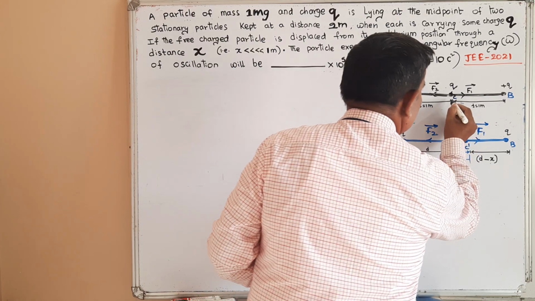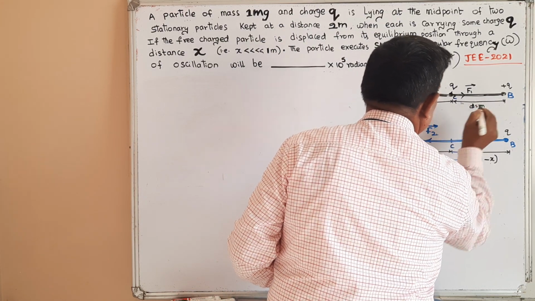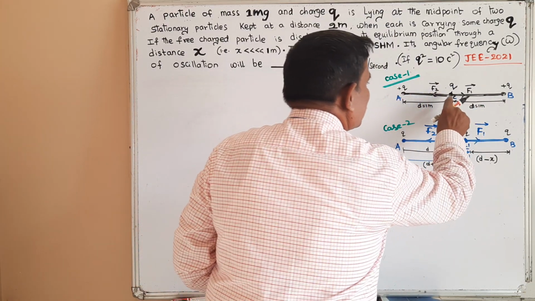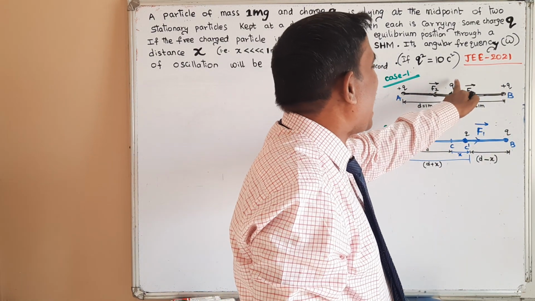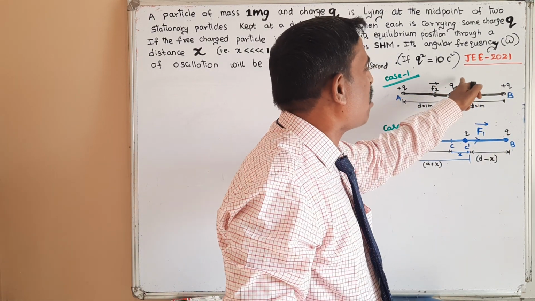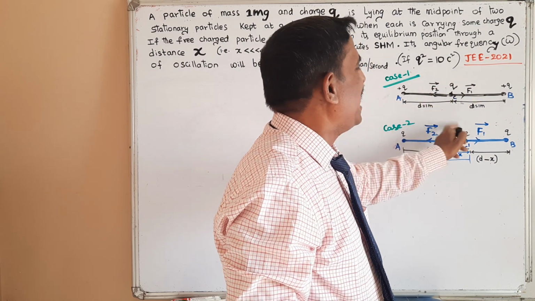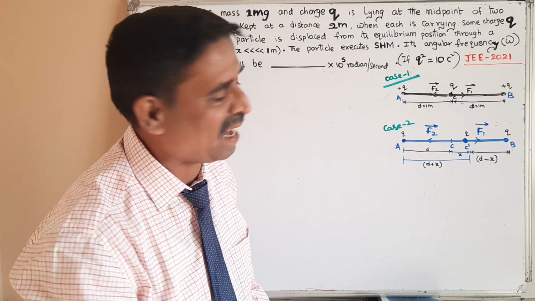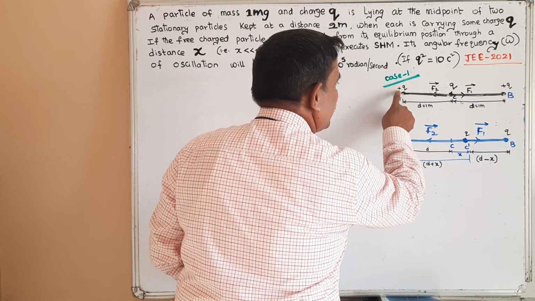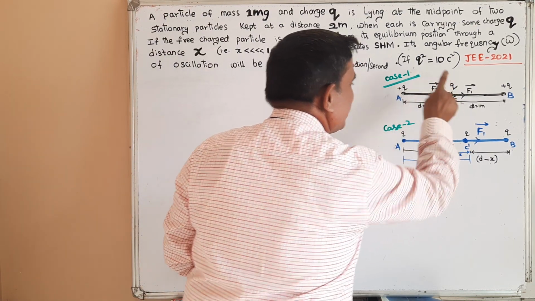This distance I am taking as d. Now, this is the midpoint of these two charged particles, and another, third charge of magnitude Q is kept. That we are calling a free charged particle. Now this is a positive charge.